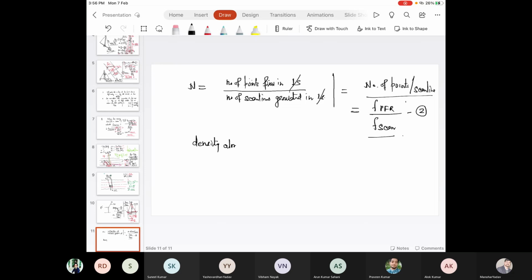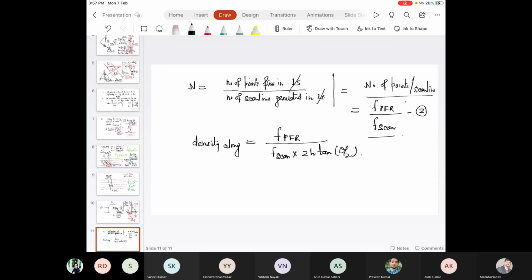Density along the scan line is equal to F PFR, that is capital N, divided by 2h tan theta. So F PFR, F scan into 2h tan theta by 2.